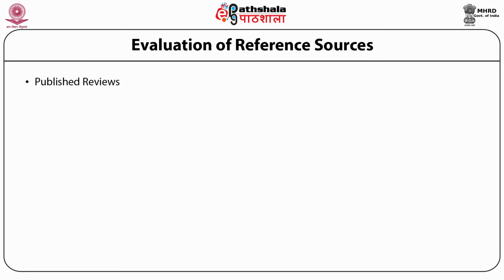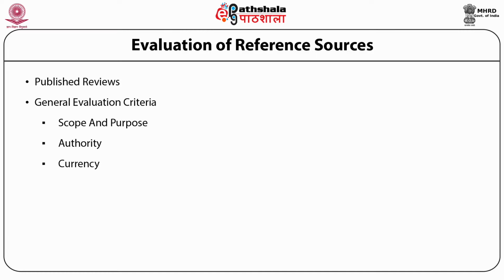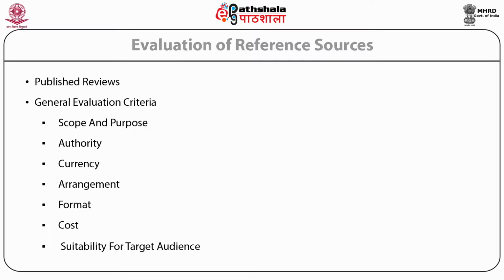If that is not available, then general reference criteria need to be applied before purchasing an item. This includes checking the scope and purpose, authority, currency, arrangement and format, cost, and suitability of the reference source for the target audience.